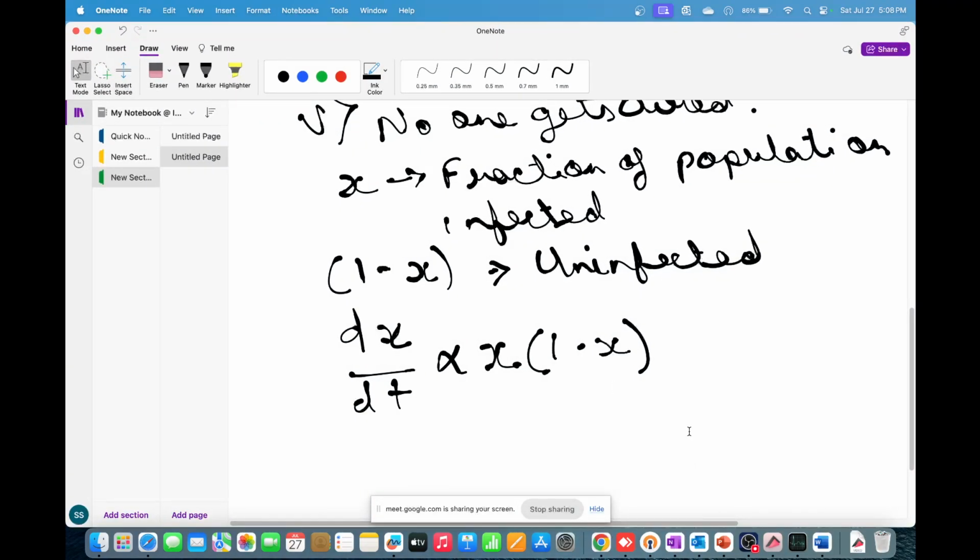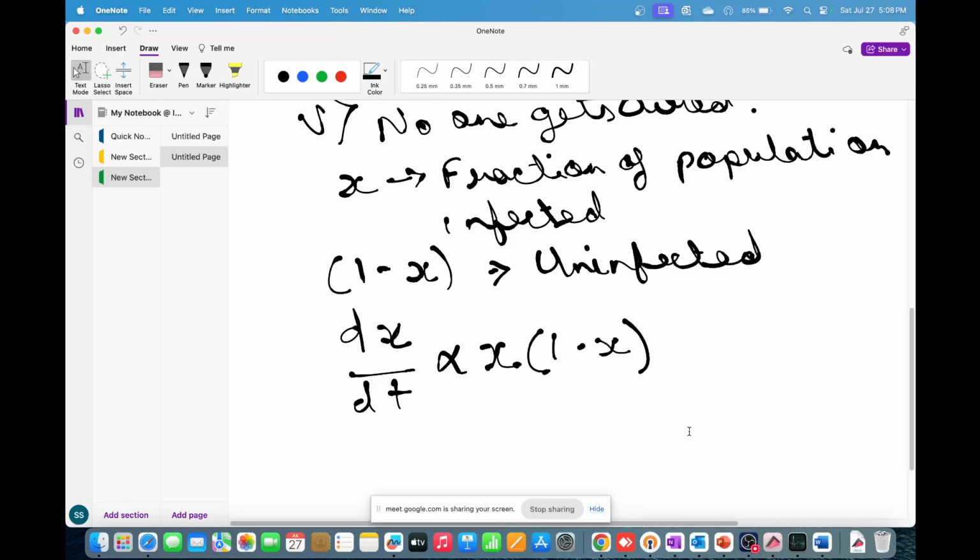If you're an infected person, the number of people you can infect is 1 minus x. So the rate of change of infected persons also depends on the number of uninfected persons. If you think, is it not? You have a set of persons who are infected. How many persons can they infect again?